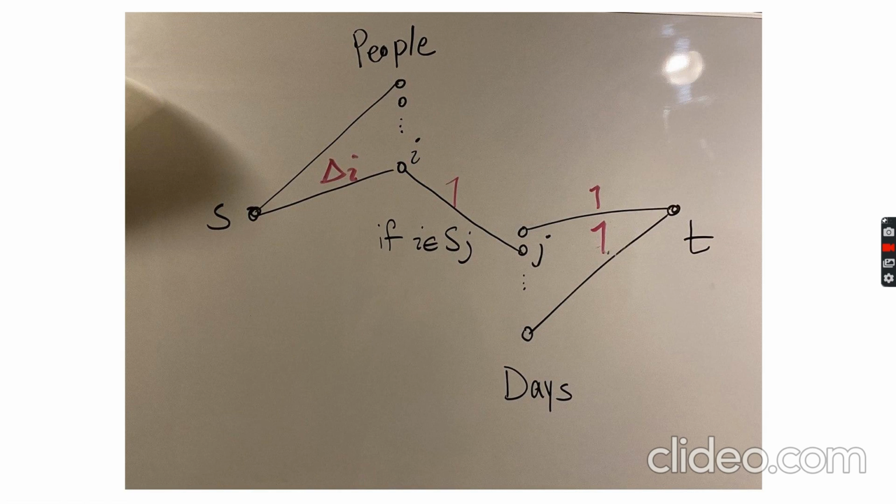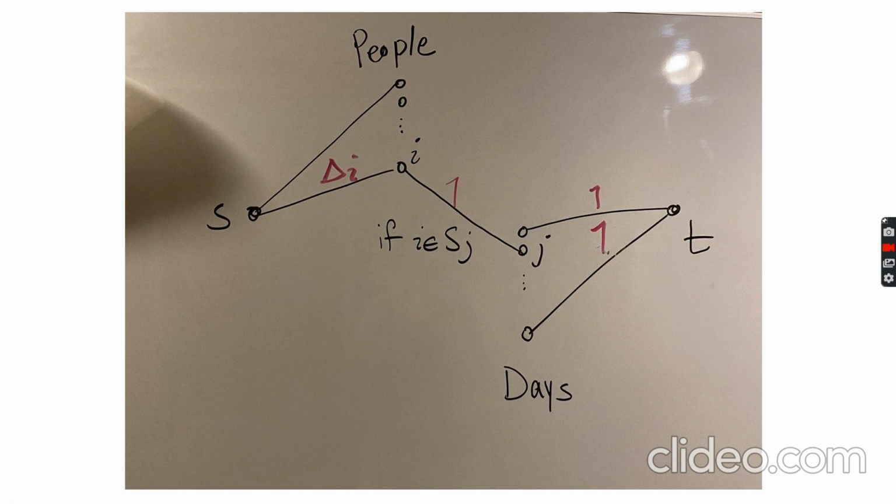The way we assign the edges of this network is that we set an edge from S to every person, an edge from every day j to T, and between each i and j, i being a person, j being a day, we put an edge whenever i is traveling on that day j. Now for the capacity of S to any i, we assign delta i, that quantity that we defined, and the rest of the capacities are going to be 1.